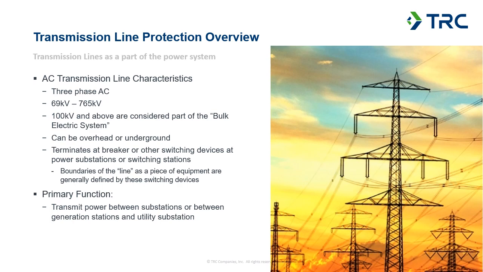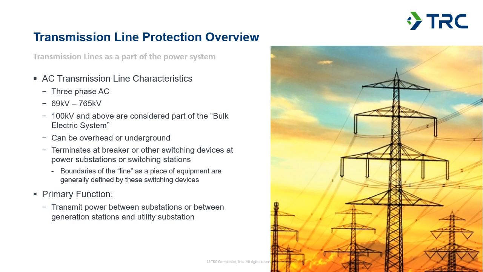So you'll have the line itself that may go through some tap stations, but generally when we're talking about a line, we're talking about a component that can be switched on and off using the power circuit breakers at a substation. That really defines the boundaries of what we consider a line, because that's functionally within the system a component that you can interact with.